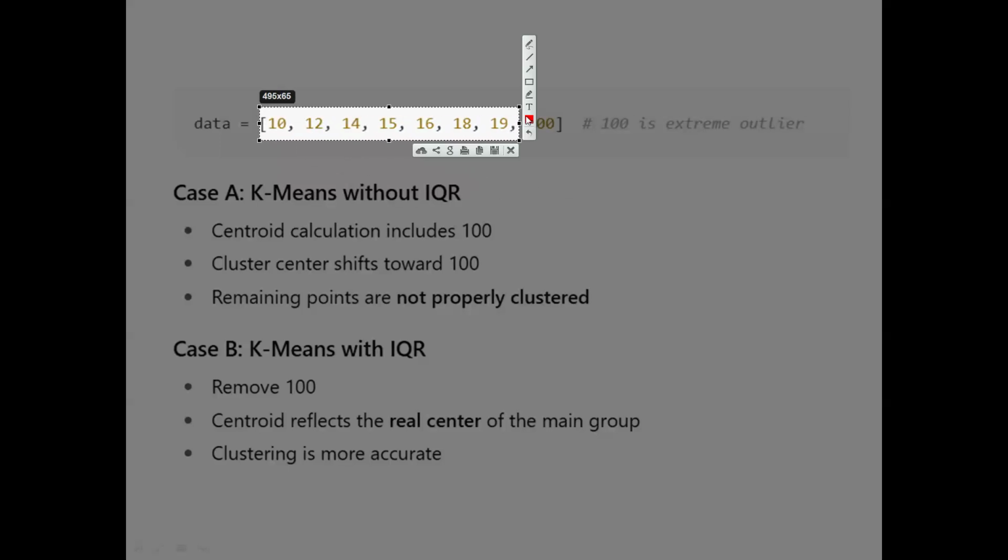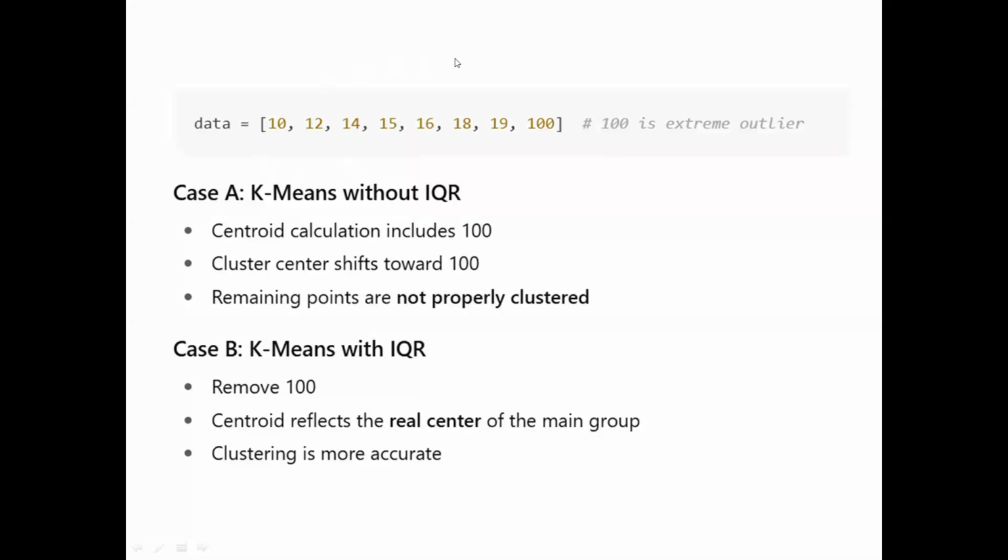Then only this particular data set will be passed to the k-means algorithm. Without IQR, everything will be passed and clusters will be formed, but the remaining points are not properly clustered. Obviously a single abnormal value, a single extreme outlier, will affect the performance of other clusters also.